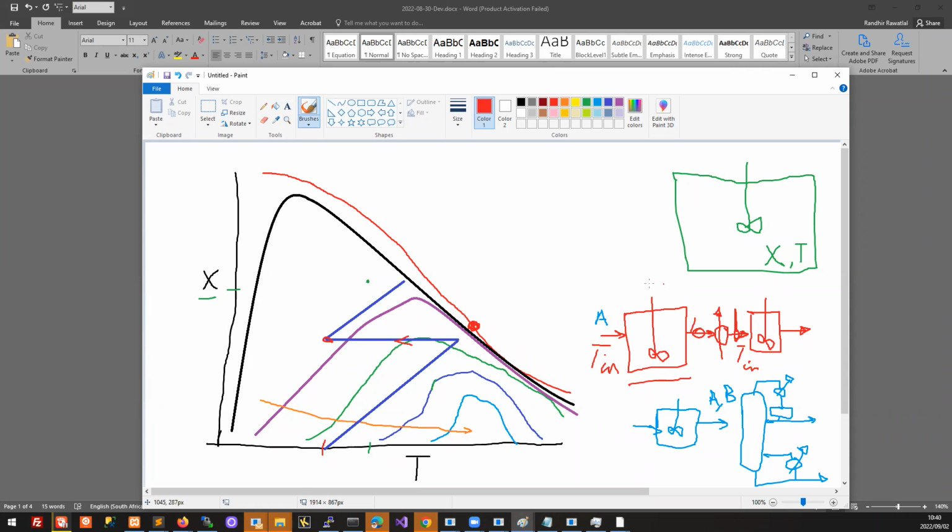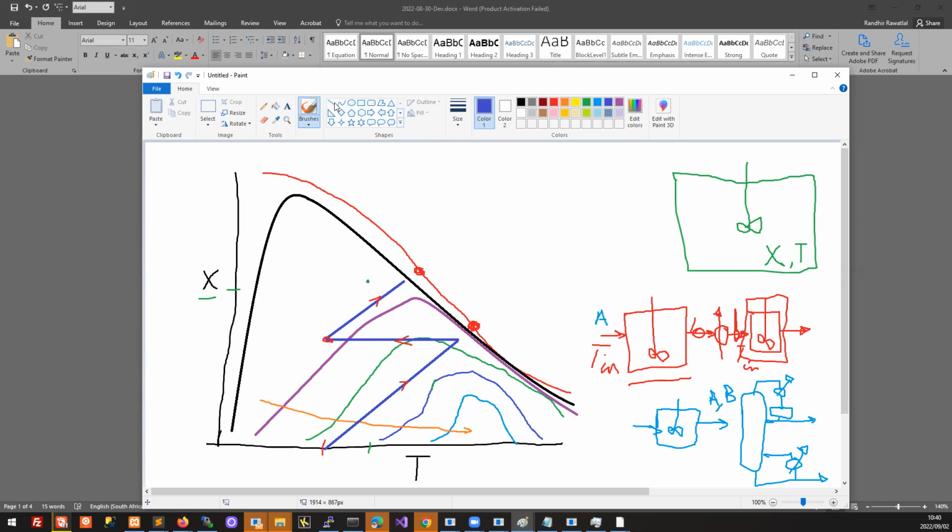And now the same gradient applies, right? So if you go back to the energy balance, we are going to write an energy balance on this reactor, or rather an energy balance on this reactor also applies. And if you do the development, you'll see it will have the same gradient as the first one. And so now we have a higher maximum conversion available to us. And so we can adjust the volume of this reactor, and then we can choose where to stop here.